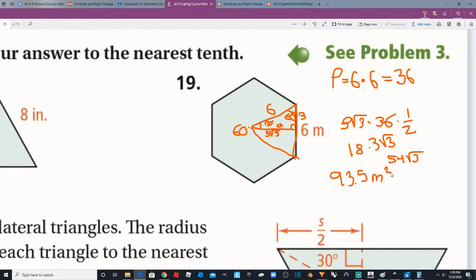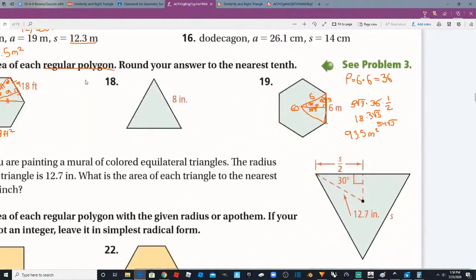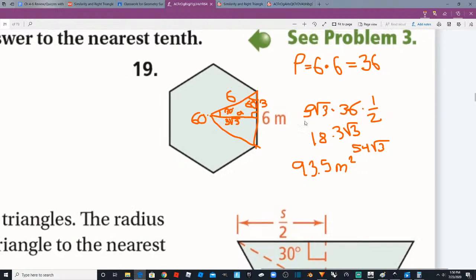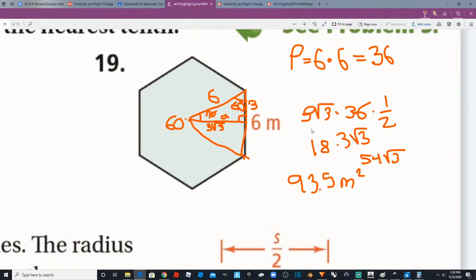We could have gotten our answer anyway. So what's the benefit of doing this method? Well, this method simply gives you a radical. So if the directions say answer with a radical, or simplify the radical, like right here, actually, another problem. If it says simplest radical form, you can't do that with trigonometry. You need to use 60, 30, 90.